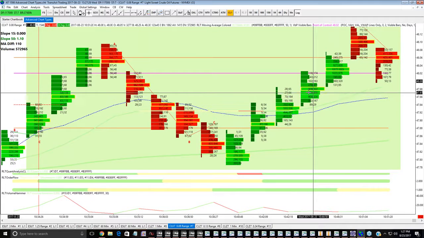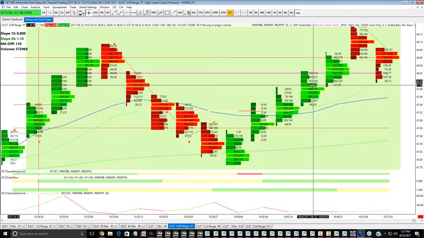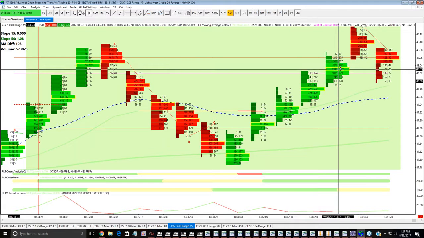And you can see on this trade, let's say you were going to consider bailing at the value area high right here. You're going to take the trade out at the value area high. This also helps determine what you're going to do when price is approaching an area of support or resistance.